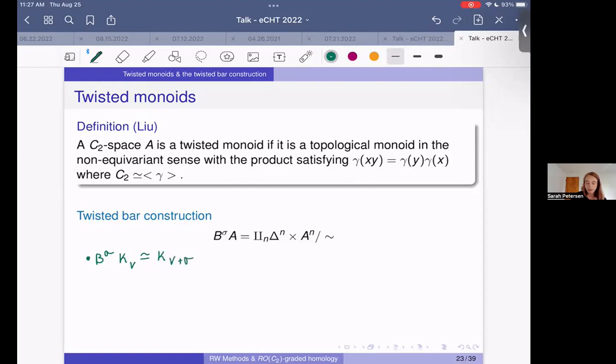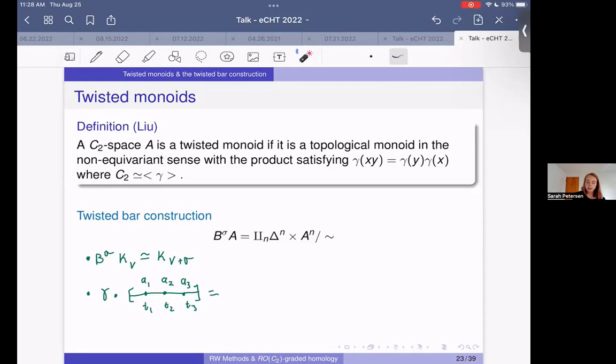So we get the V plus sigma space. And it's also constructed similarly in that we can model it by, again, having points in our simplex with labels in our twisted monoid.